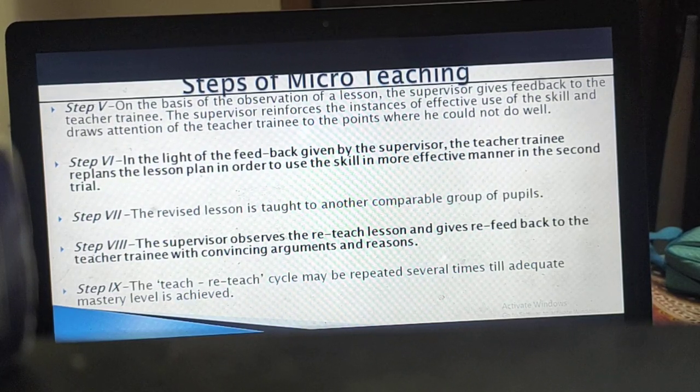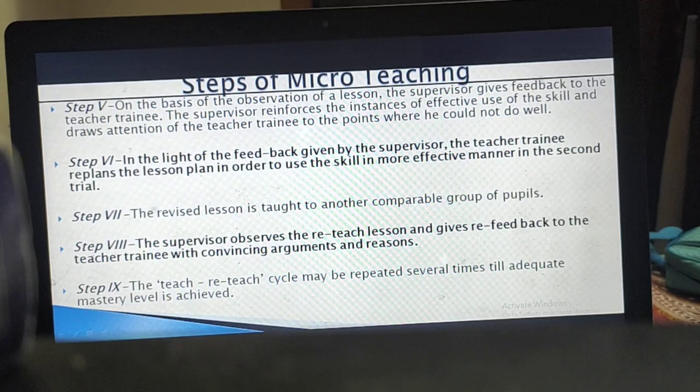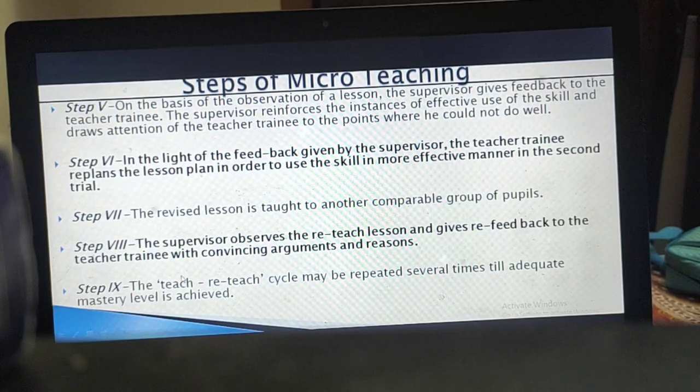Step number 9, the reteach cycle is to be repeated several times till an adequate mastery level is achieved.